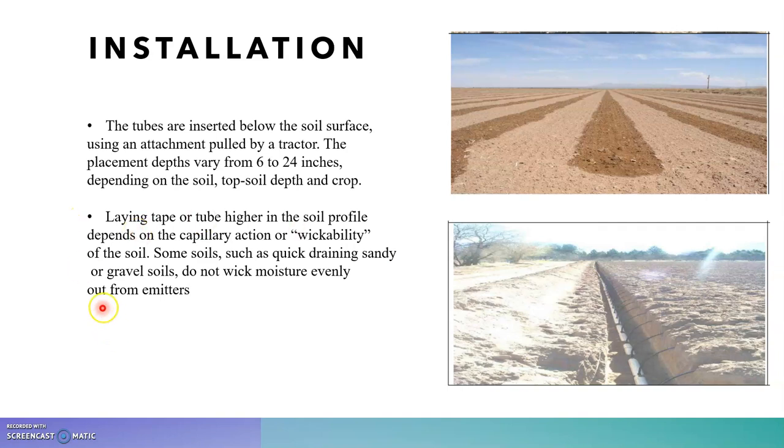So whenever we are using sandy soils, the dripper to dripper spacing should be very limited, very small. Like we need to use a dripper every 2 feet in distance.